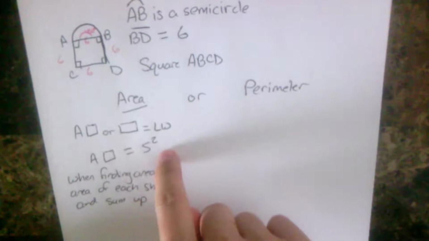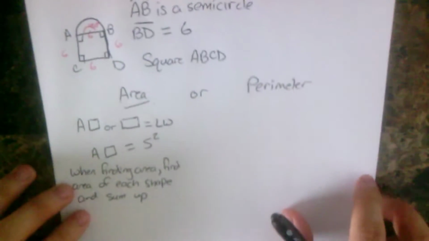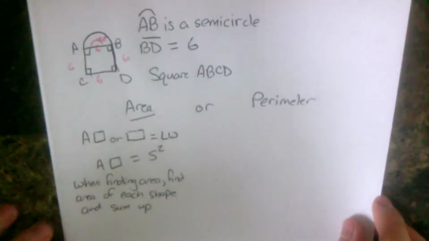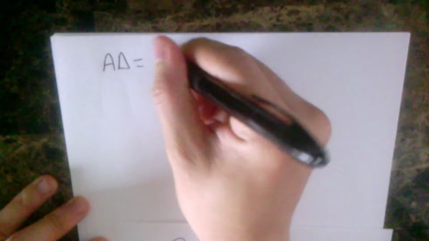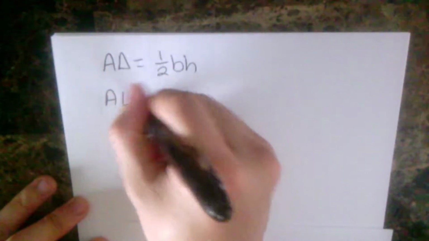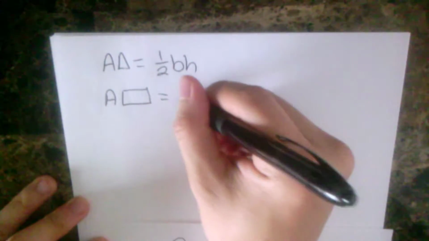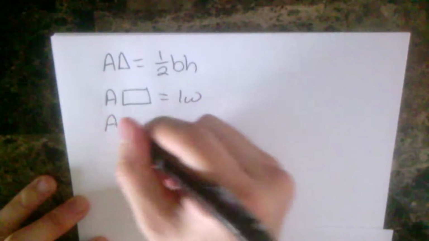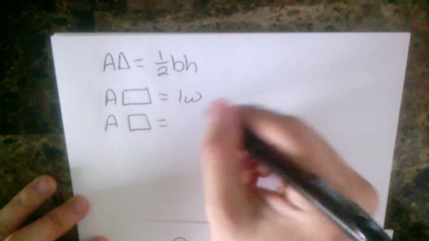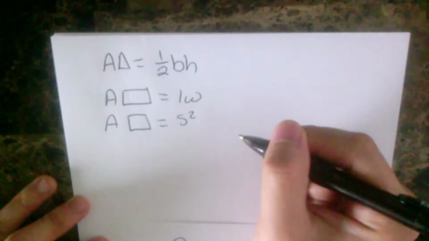So you're either going to use side squared, and hopefully you have this all in your formula sheet, but remember that triangles, let's just write this on a separate sheet of paper. Area of a triangle is 1/2 base times height. And area of a rectangle is length times width. Area of a square is still length times width, but you can also call it side squared.